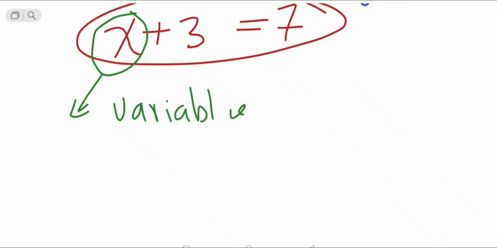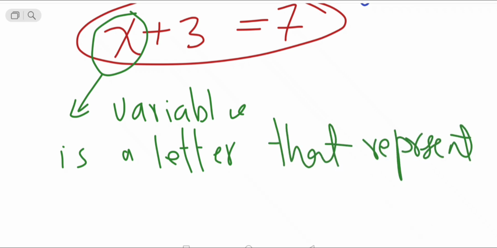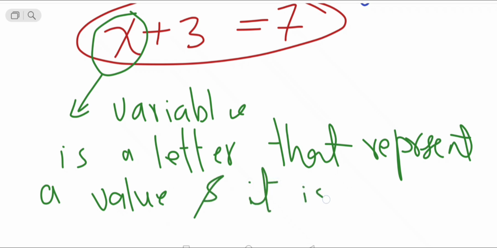What is a variable? A variable is a letter that represents a value, and it can be changed.